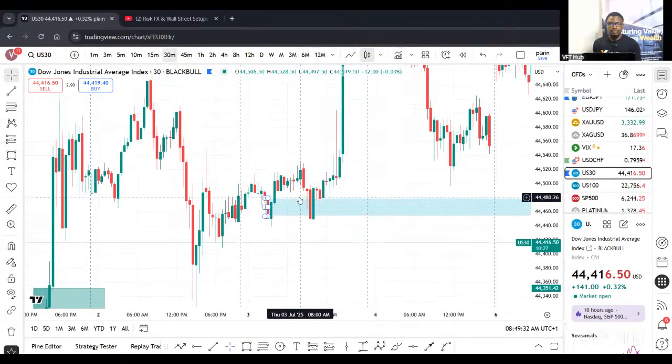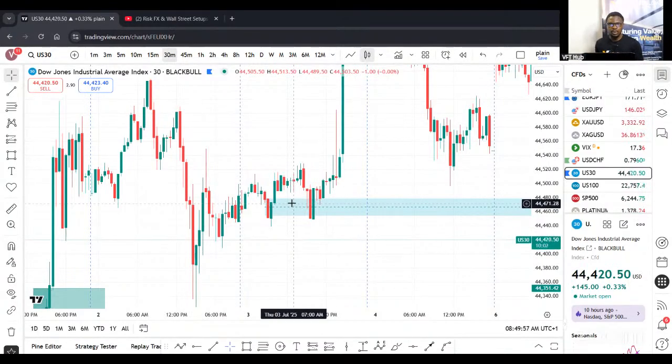One of the things I mentioned very clearly, which I believe will still be helpful for anyone trading the US market, especially US equities, is that most times you don't want your area of interest to be far from where price is. When US30 is bullish or bearish, it can test the closest order block or fair value gap, and that will send price either to the upside or to the downside, right?